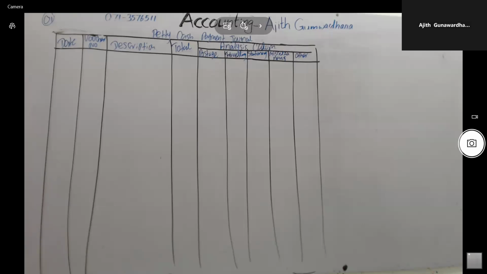Right. Start from transaction number 3. Think, the first one given is the opening balance.